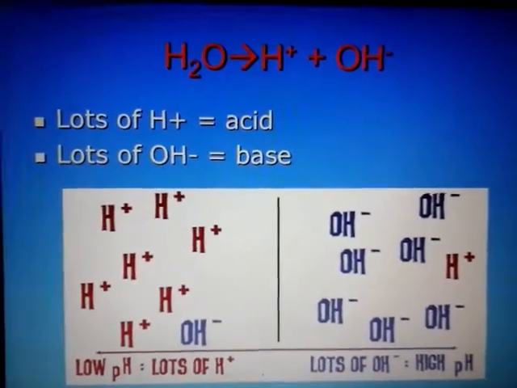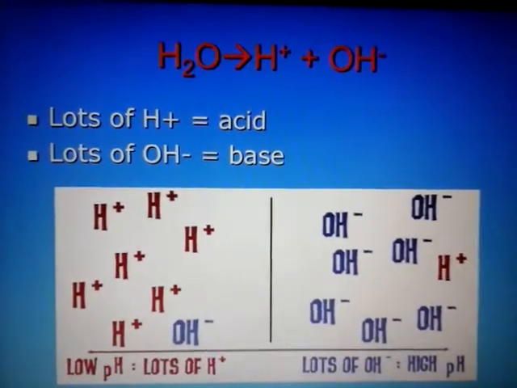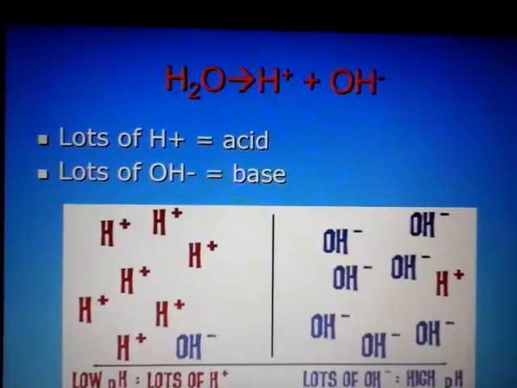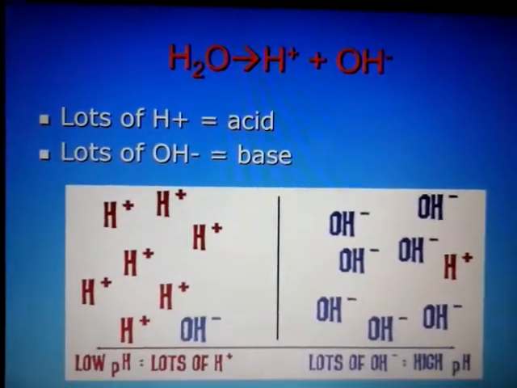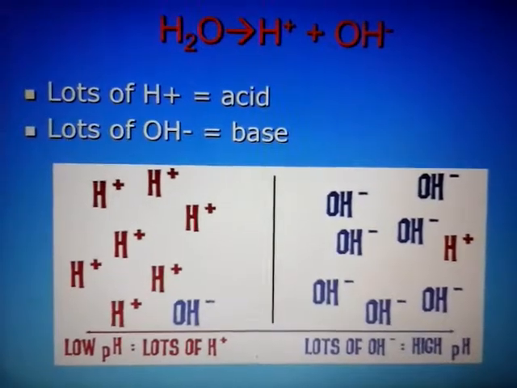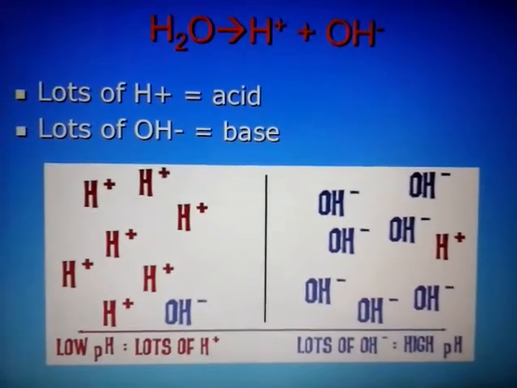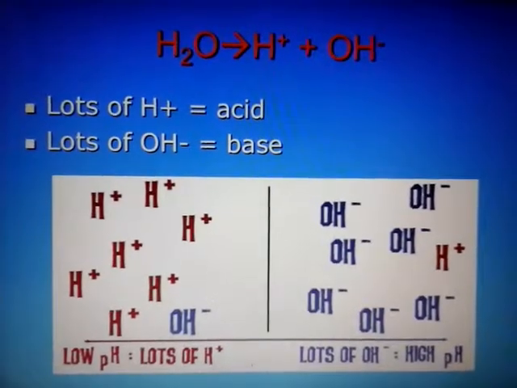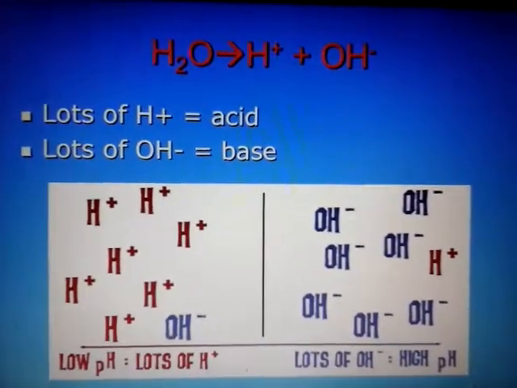However, other chemicals, if you mix them with water, depending on how that chemical falls apart, you'll determine whether it's an acid or a base. For example, hydrochloric acid. Well, the chemical formula for hydrochloric acid is HCl.